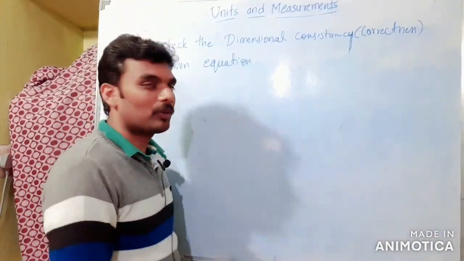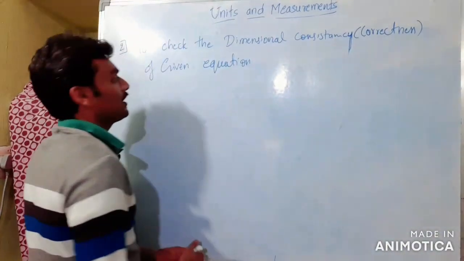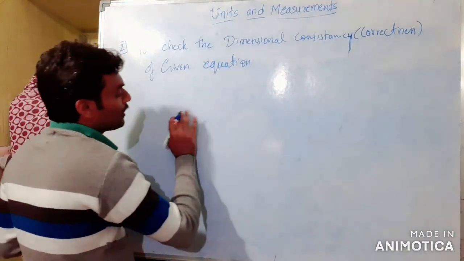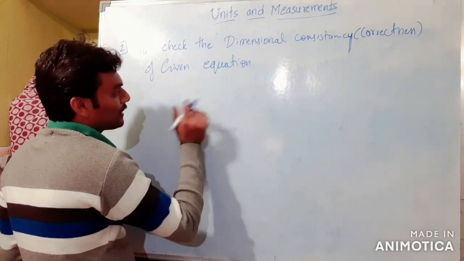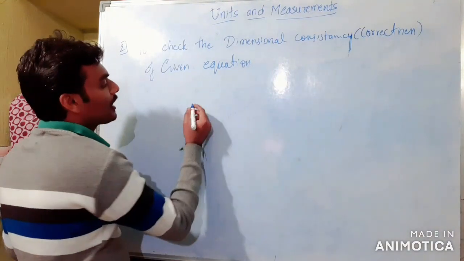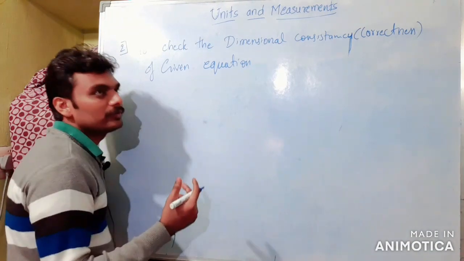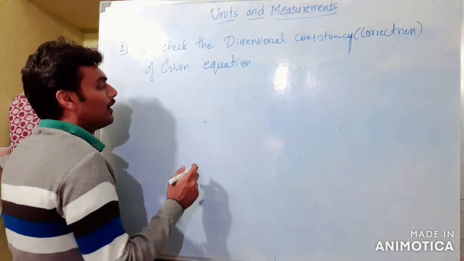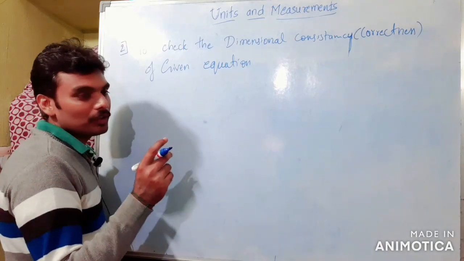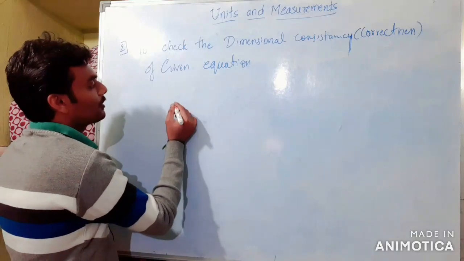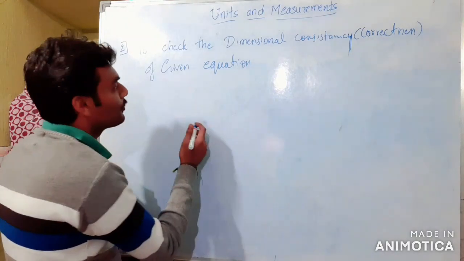Okay, let us take one more example and check the dimensional consistency of the equation. So let me take a very easy example which you all know, something like the area of a circle, or let me take the volume of a cylinder, because I want to involve so many factors, that's why.